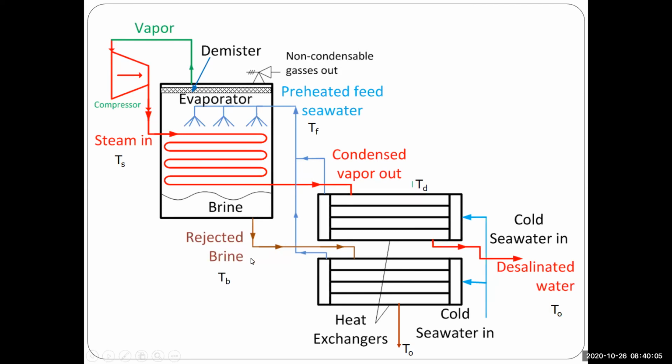The brine here, which is leaving at T_brine, will be cooled to also a temperature that we call T naught. So the assumption that we are going to make is that the temperature of the distillate here, which is being cooled down, and the temperature of the brine, which is cooled down, are both going to be cooled down to the same temperature.